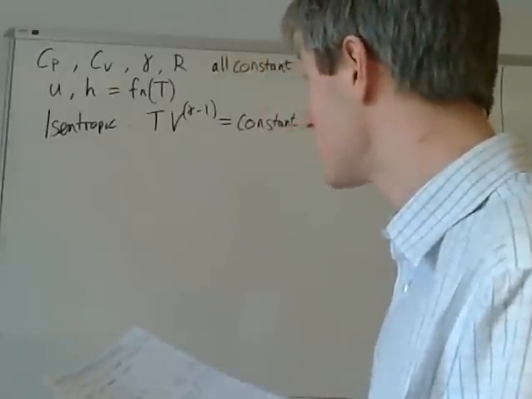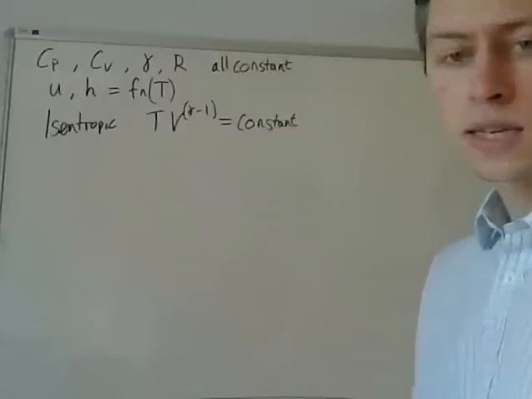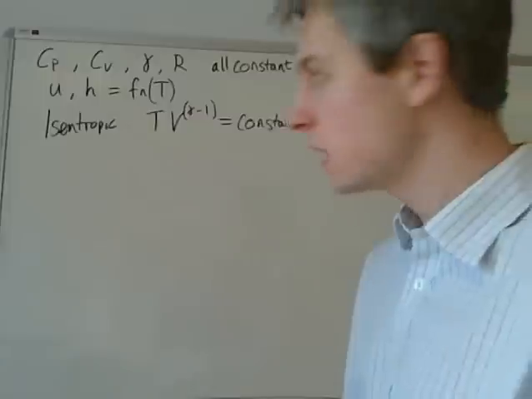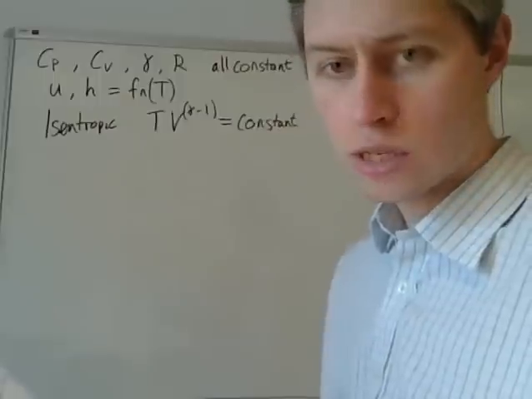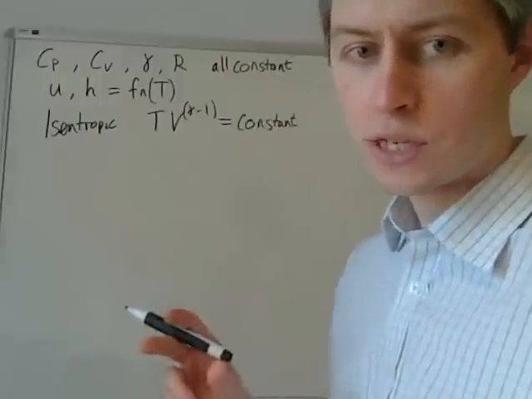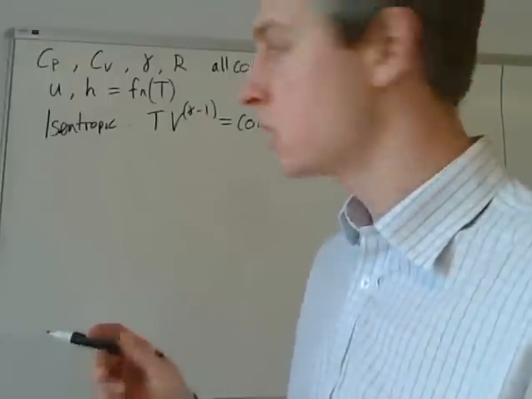Okay, so in order to calculate Cv, we need to know what the definition of Cv is. It's the constant volume heat capacity, but of course this is not a constant volume process, and the real definition of Cv is not strictly in terms of a constant volume process.